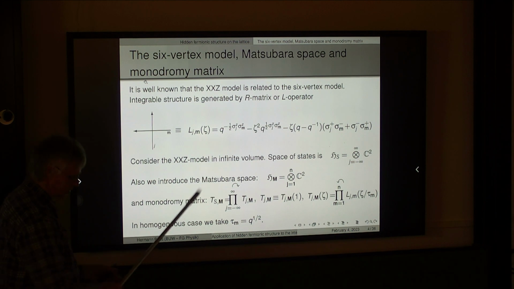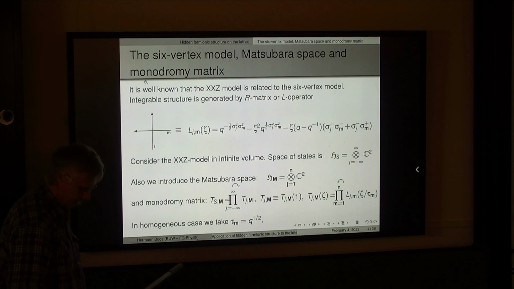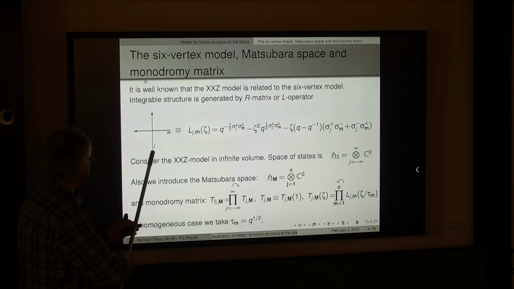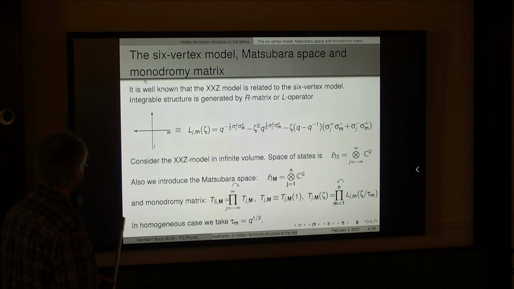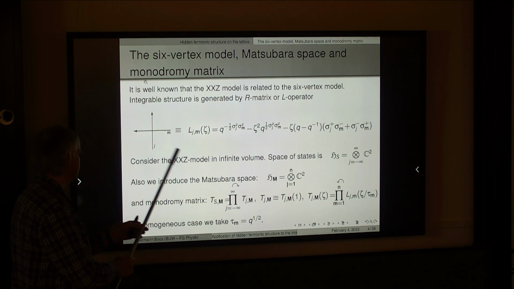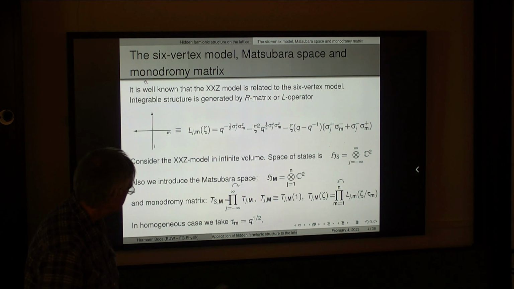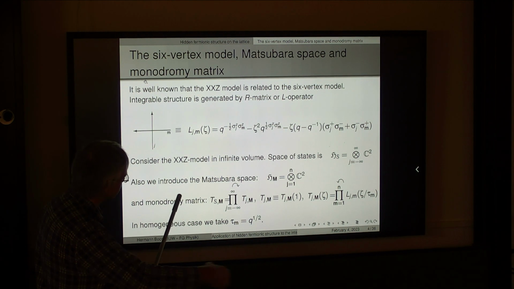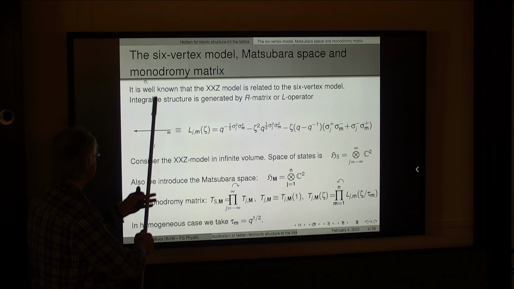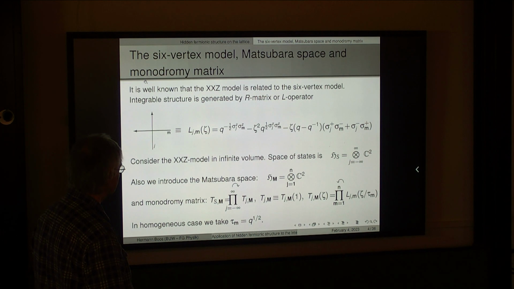If we take the R-matrix or L operator and enumerate one space by, for example, J and another one by M, and having in mind that we have many two-dimensional spaces of J, which we identify with, so to say, the spatial direction, and in the vertical direction, we have what people sometimes call Matsubara.